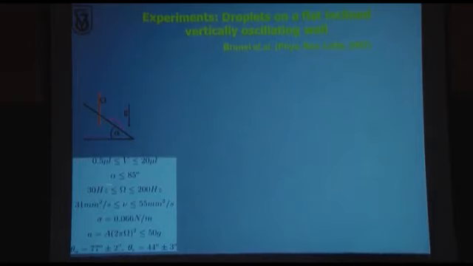The range of frequencies they used was between 30 hertz and 200 hertz, with different liquids with different kinematic viscosity. Surface tension was around the same value. The acceleration imparted by this shaking was up to 50 G. And the contact angles were in this range, about 77 degrees here and 44 degrees there, plus or minus.